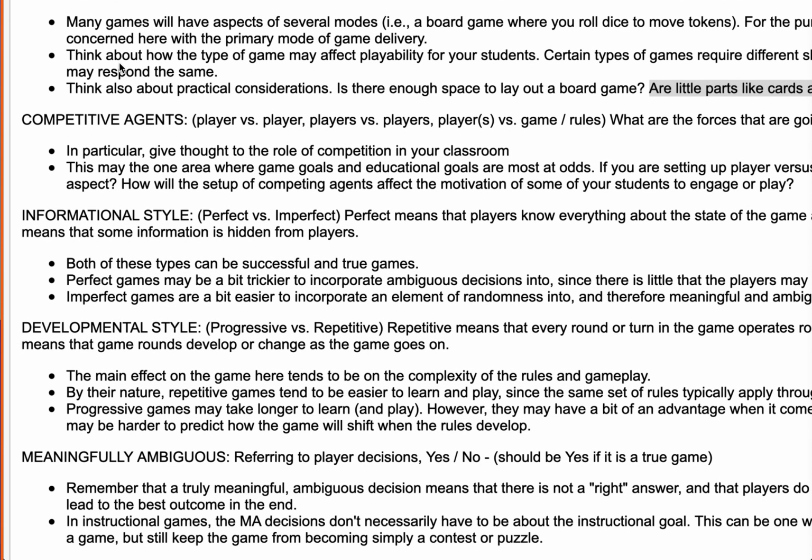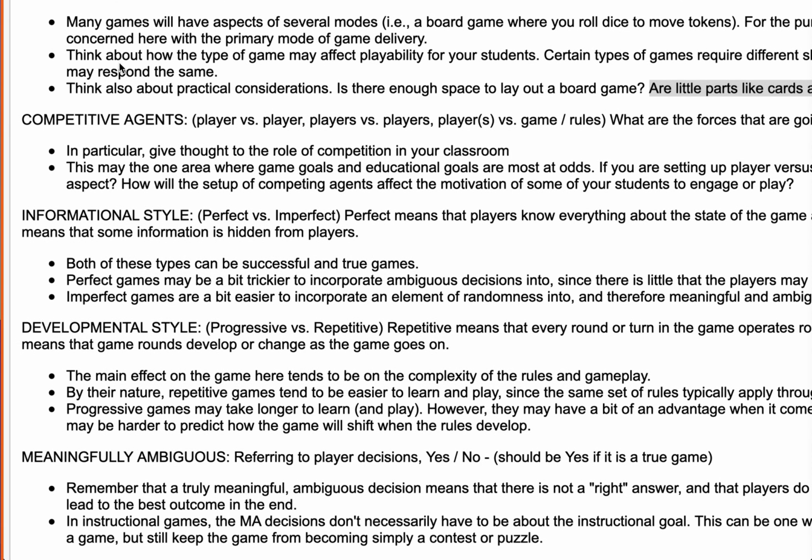Do they know where every piece is, where every card is, what every bit of information for the game is? Or is it a game where at any given moment there are certain states of the game that certain players do not know the condition of?